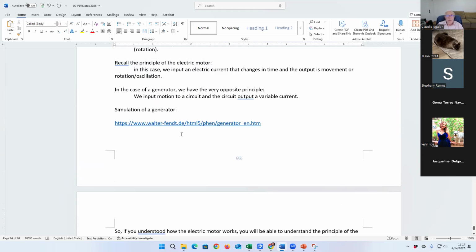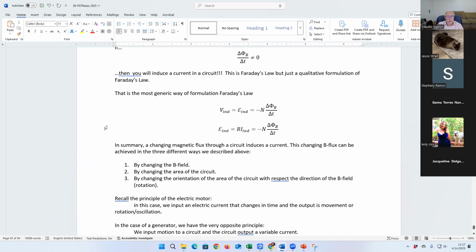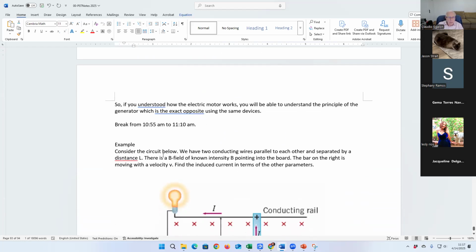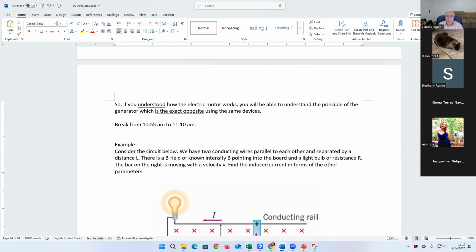Okay, so here you go. Consider the circuit below. We have two conducting wires parallel to each other, separated by distance L. There is a B field of intensity B pointing into the board, and a light bulb of resistance R connected to this circuit. The bar on the right is moving with velocity v.